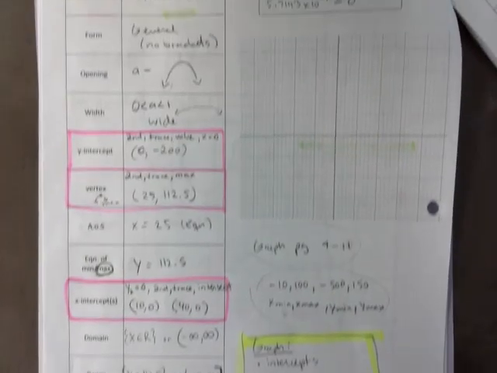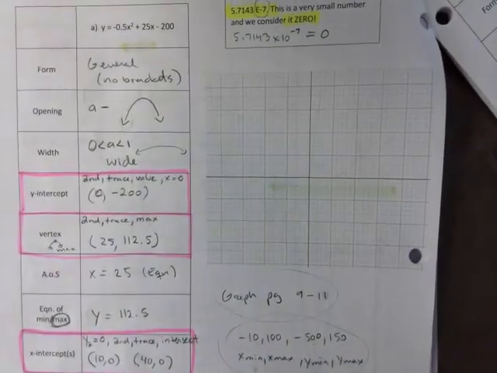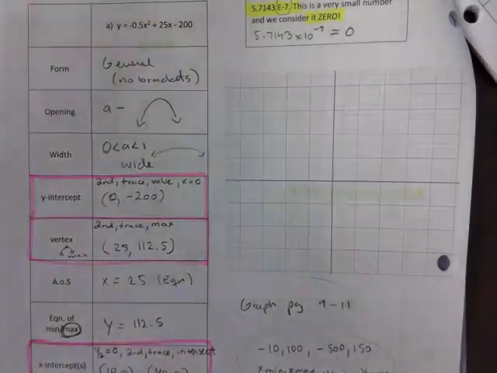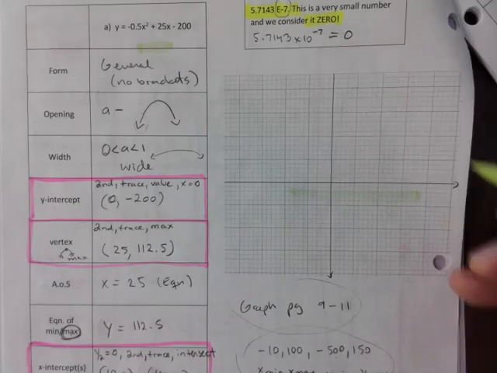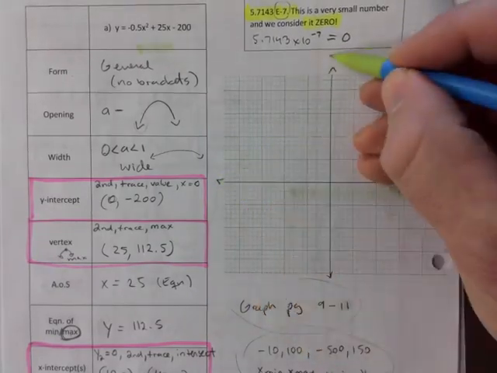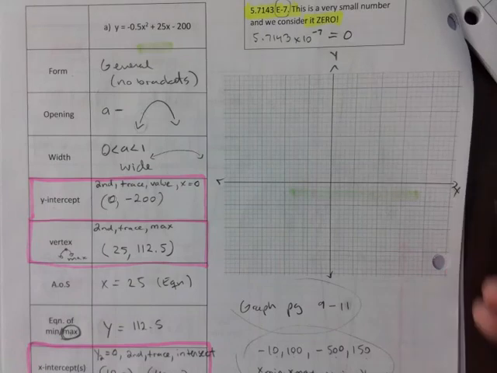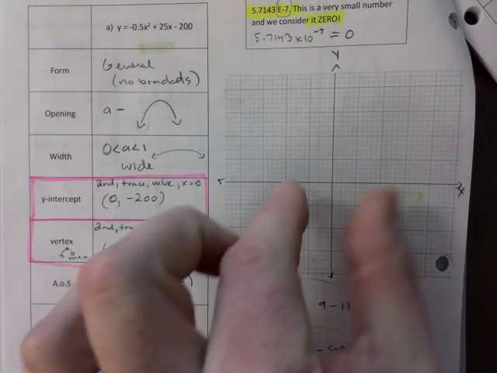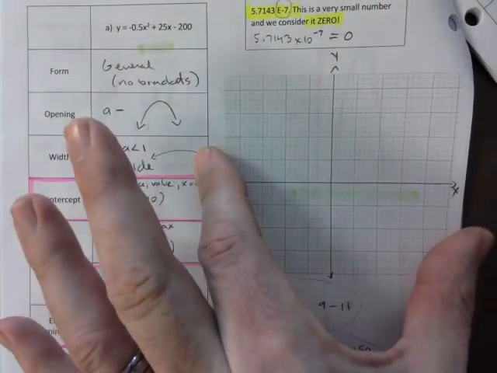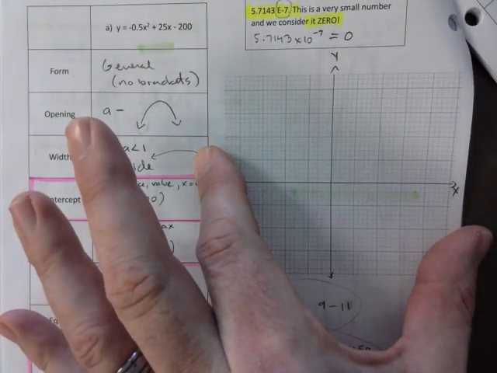So I'm going to go up here. I'm going to zoom into this section here. I was nice to give you a grid. You won't always have a grid. So arrowheads on all the axes, right? This is Y, this is X. First thing you need to look at in terms of your X, you look at your x-intercepts.